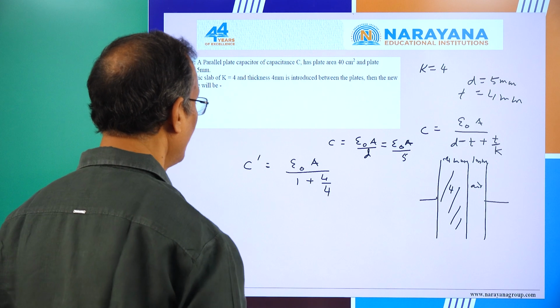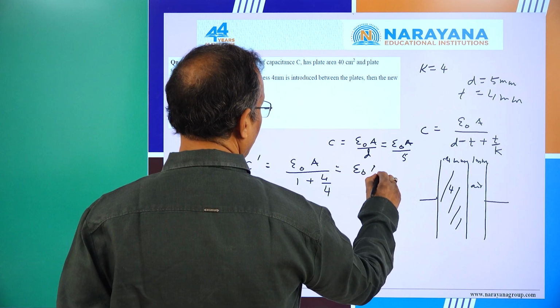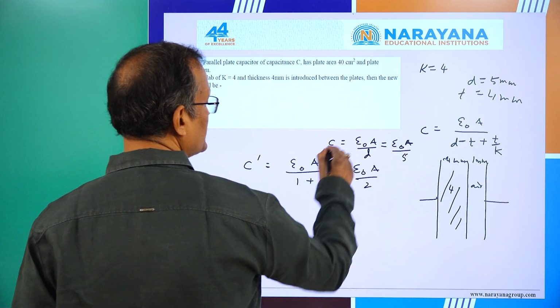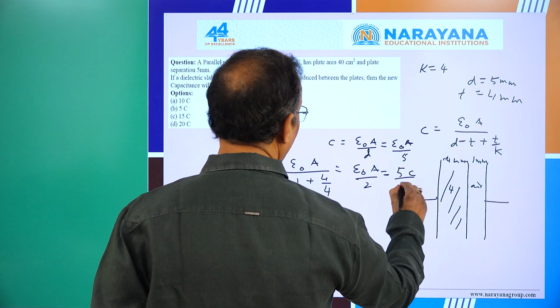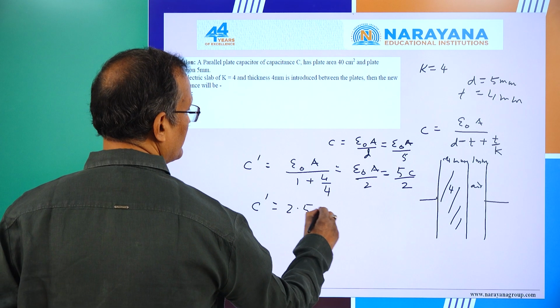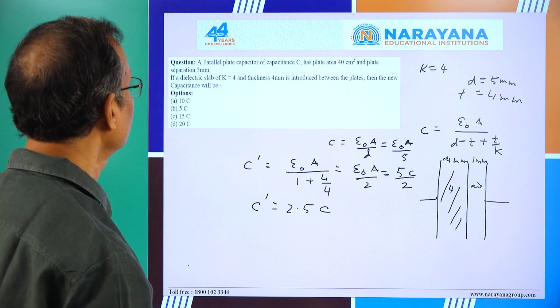So 4 by 4 will become 1, epsilon naught A by 2. From here you see epsilon naught A is 5C, so this will become 5C by 2. Your C dash will become 2.5C.